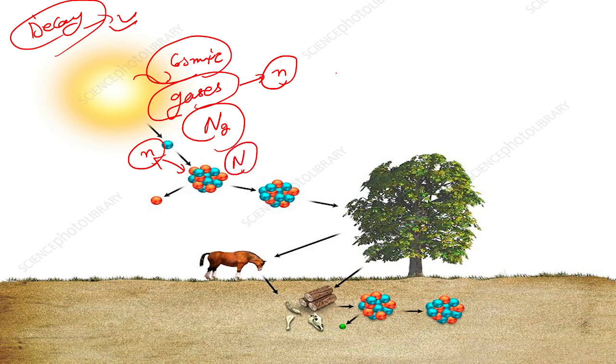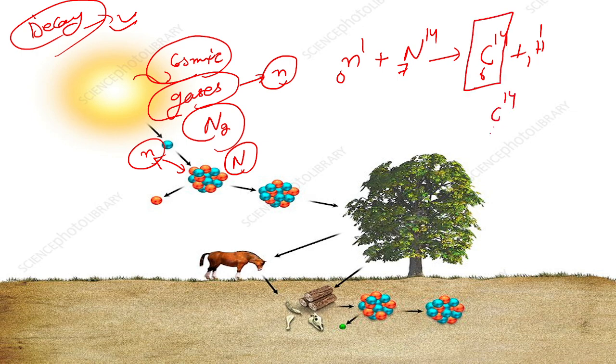Let's understand this with an equation. Let's say this is your neutron, and this is your nitrogen atom present in the atmosphere. It provides us with the new radiocarbon, that is this carbon, C-14. So what is happening here, guys? I am talking in a very scientific way.